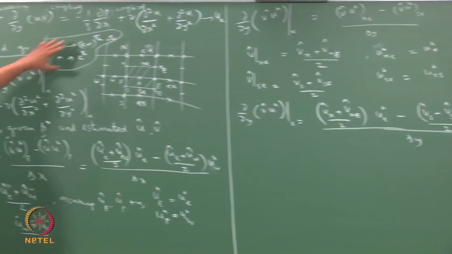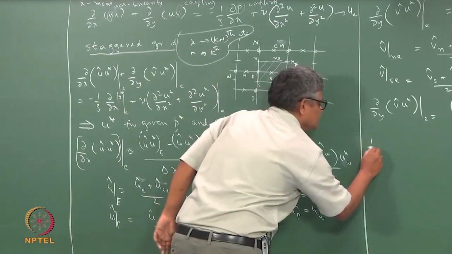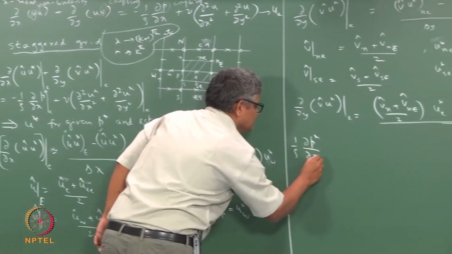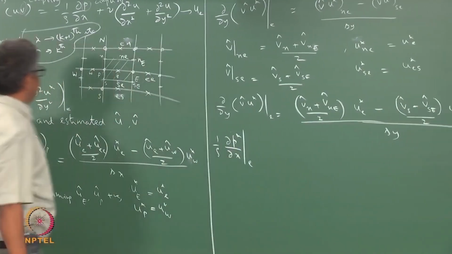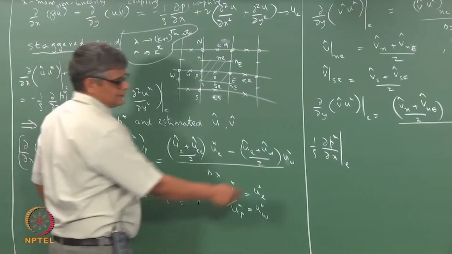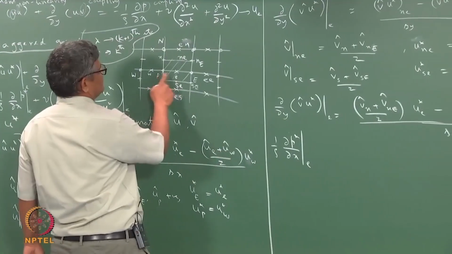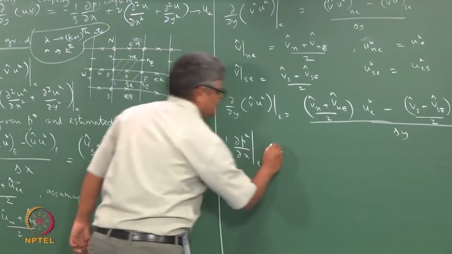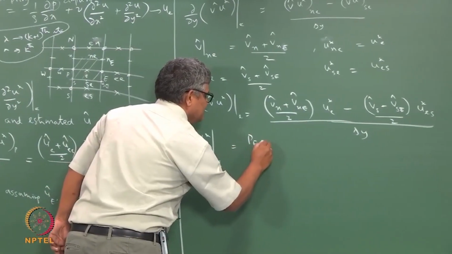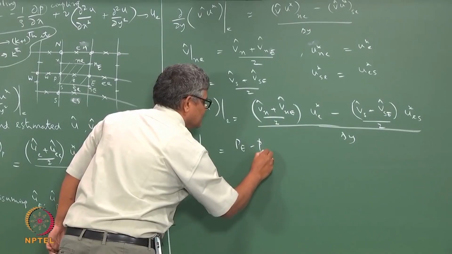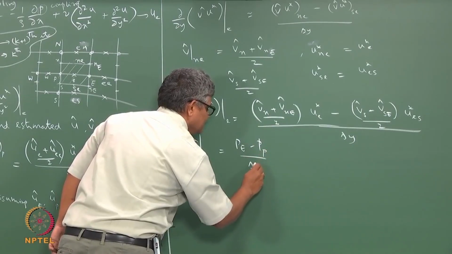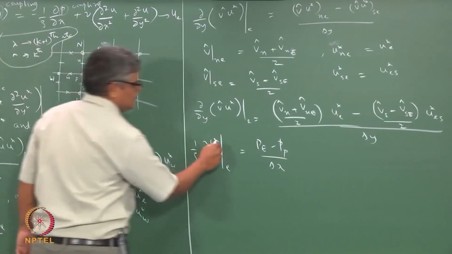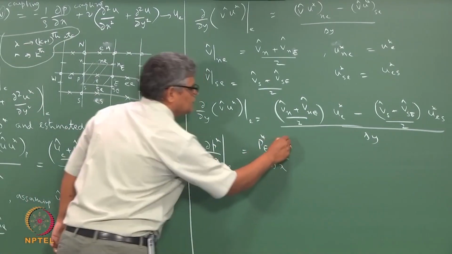Okay. So now we have 1 by rho dou p star by dou x at small e. This is variation in the x direction. So the immediate two neighbors at which pressure is evaluated give P capital E minus P capital P divided by delta x. And here it is a star quantity.